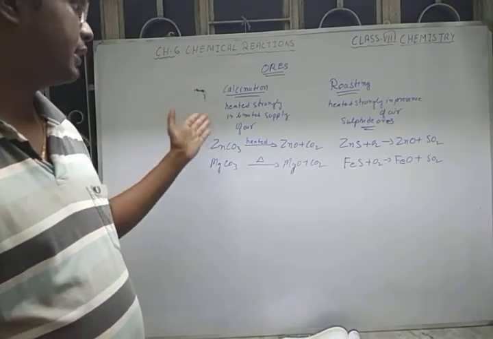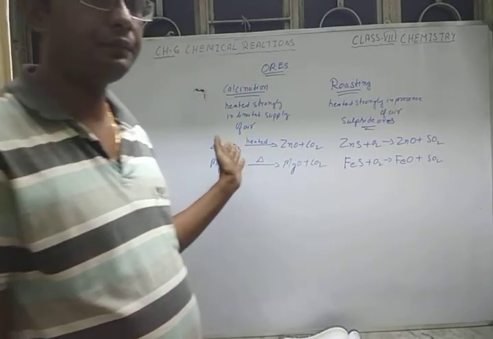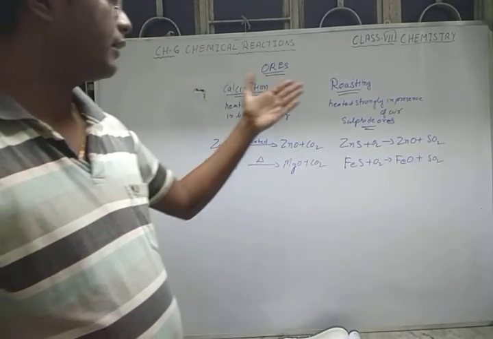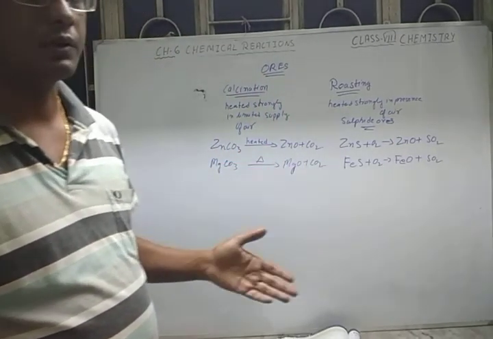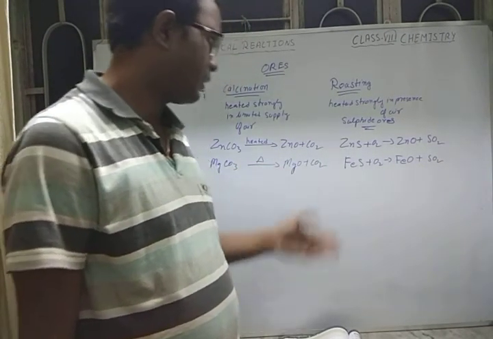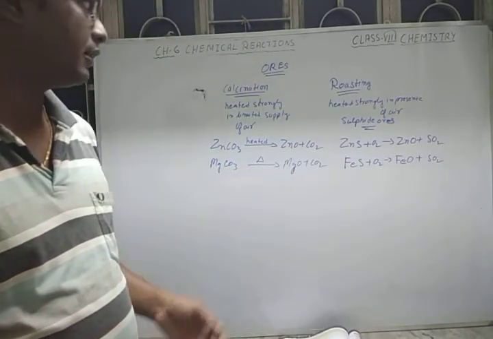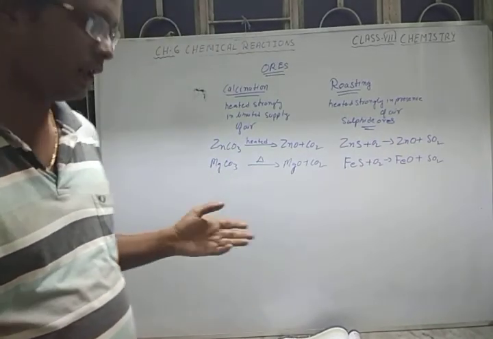In calcination mainly carbonate ores are used, and in roasting mainly sulfide ores, to get metal oxides. Roasting is done in a special furnace called a reverberatory furnace.